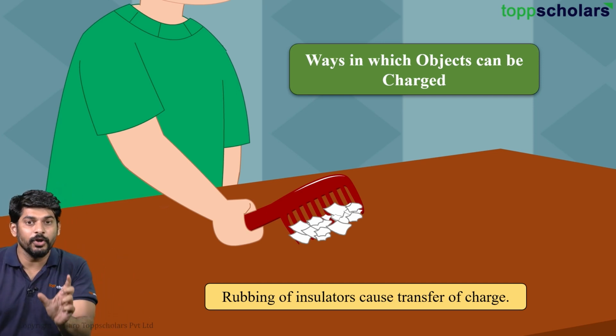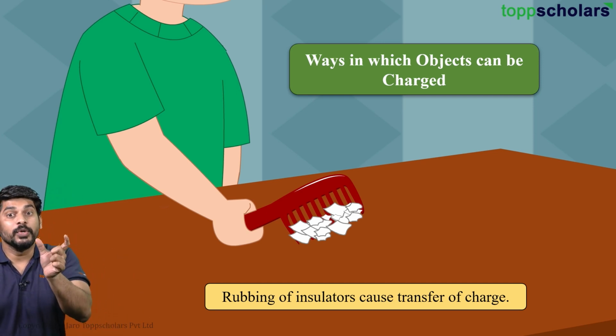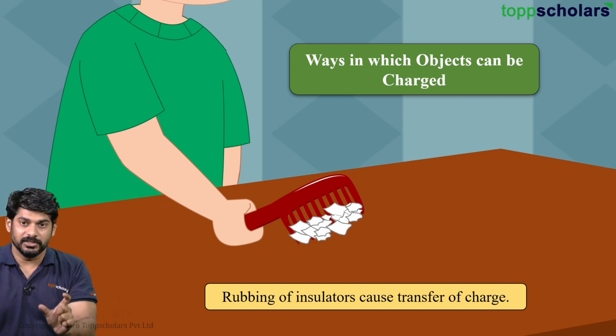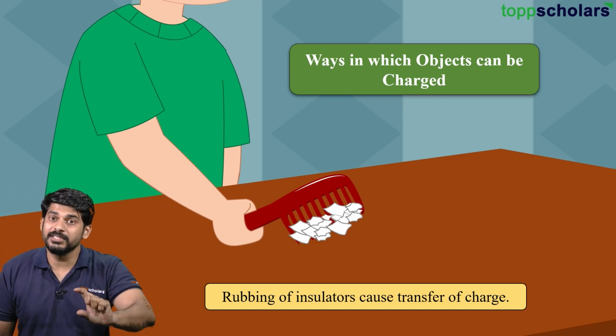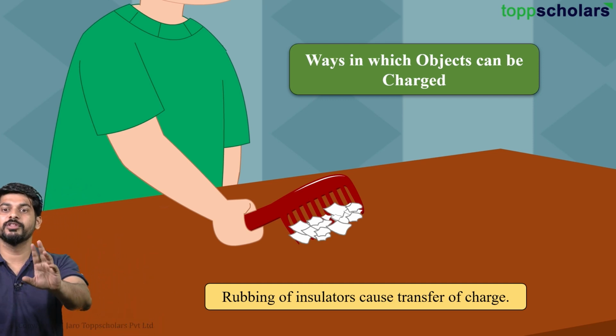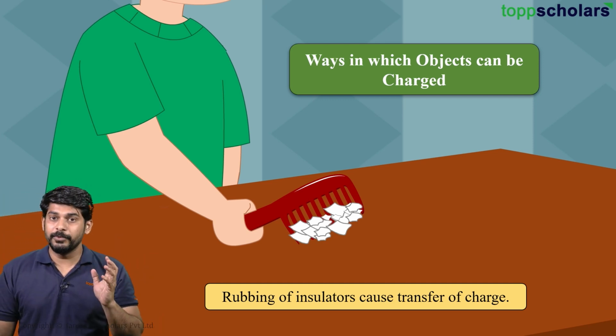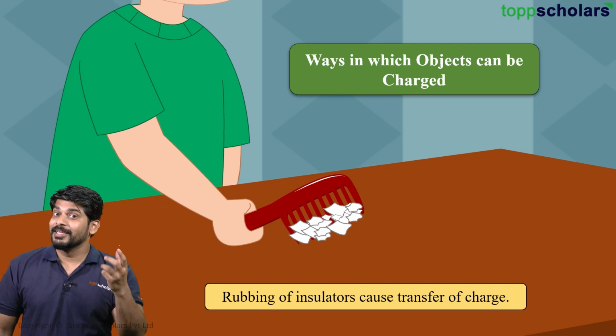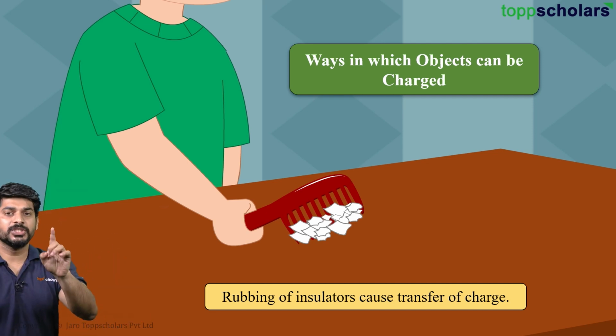So, this is one of the ways in which any object can be charged. We saw the same thing with the balloon. When the balloon was rubbed with some cloth, it was charged. So, this is one of the ways.